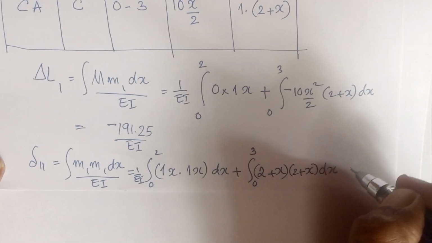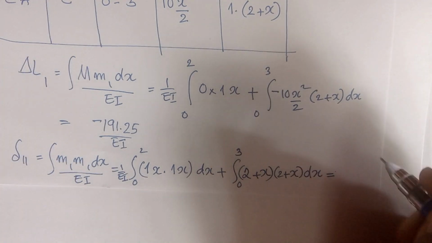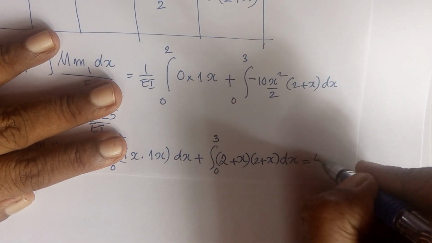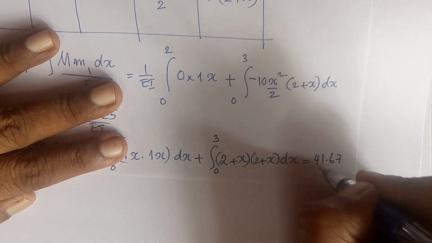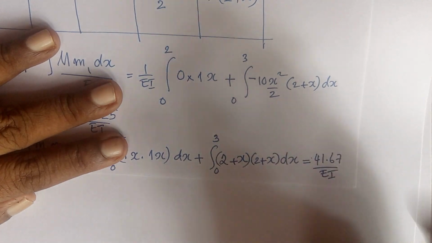After this, we will get the result as 41.67 by EI. The consistent deformation equation.